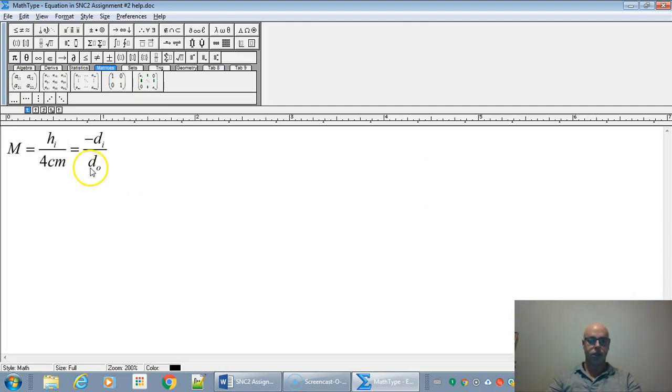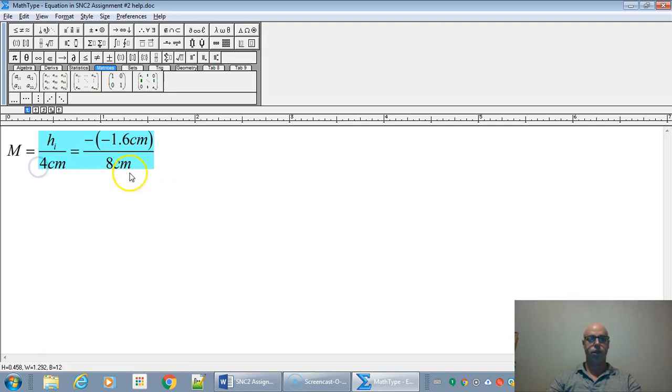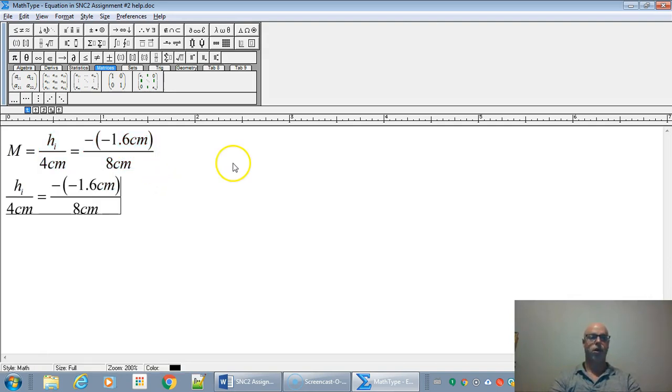The object distance was 8 centimeters, and we got the image distance to be 1.6 centimeters, but on the opposite side, so that's a negative 1.6. If we grab these two parts of the equation, we can calculate the height.